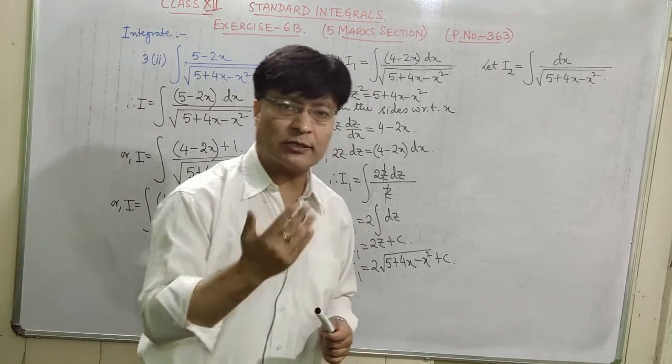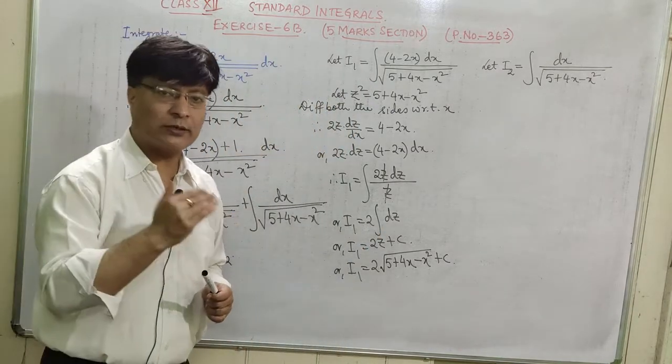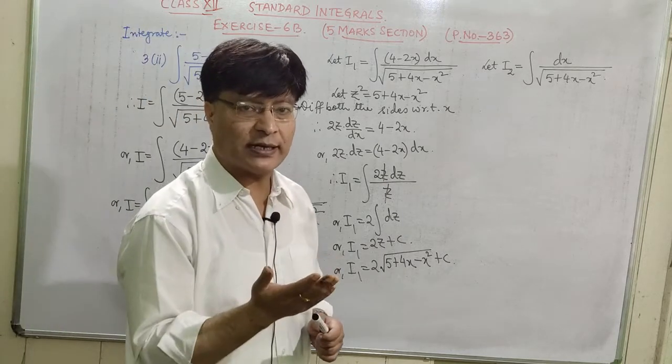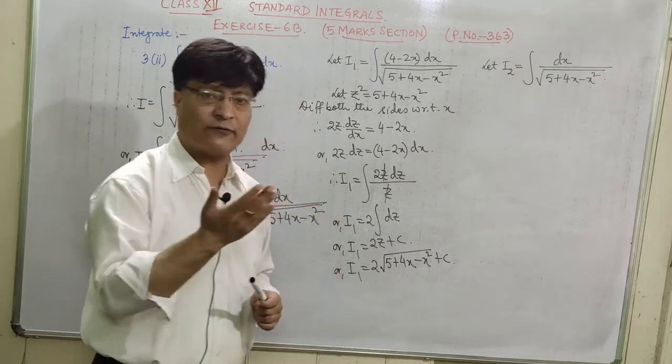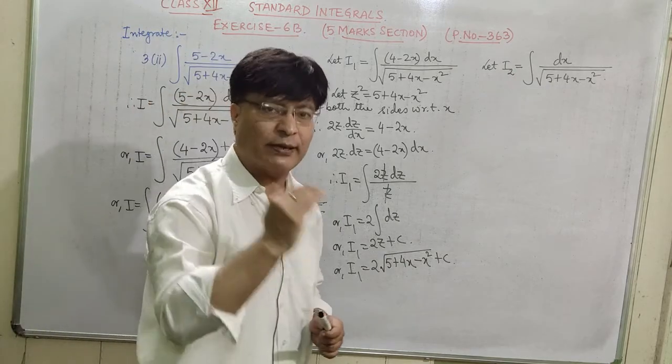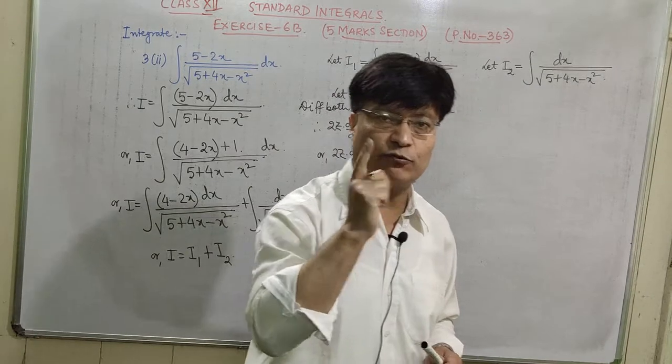So here the expression is under square root, and this is a quadratic expression, and the coefficient of x square is negative. Don't factorize it, just convert it into standard form. Before that, convert it into perfect square form, and before that, make the coefficient of x square positive 1.